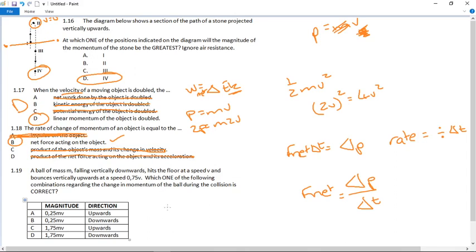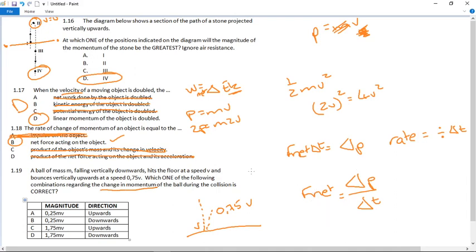Now, the last one, a ball of mass m falling vertically downwards hits the floor with a speed v and bounces vertically back upwards with a speed of 0.75 v. Which one of the following combinations regarding the change in momentum of the ball during the collision is correct?